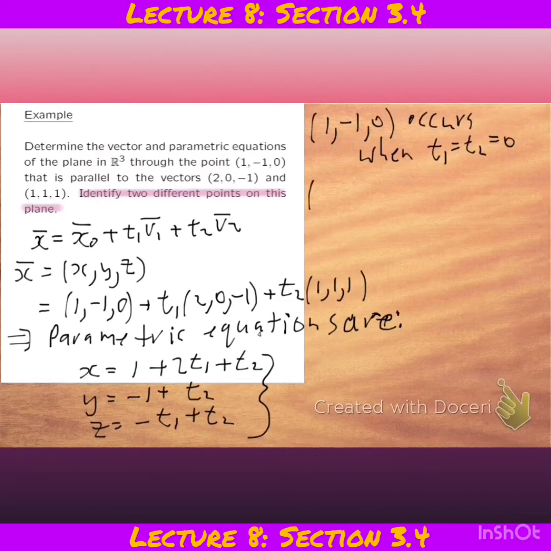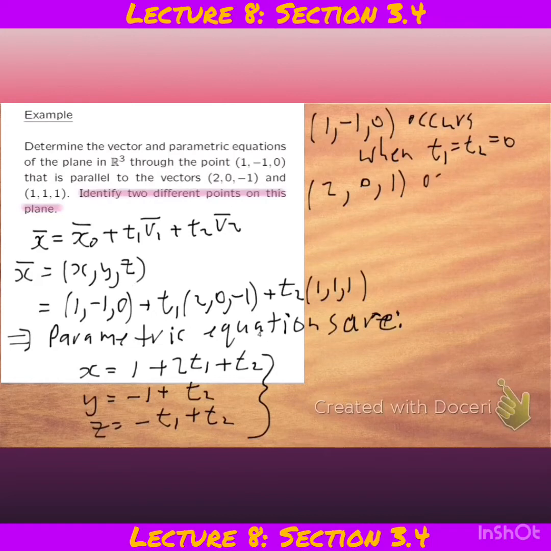And another point on the plane, let's choose this one. We choose T1 to be 0 and T2 to be 1. So that is going to be 2. That's going to be 0. And we chose T1 to be 0 and T2 to be 1, so Z is going to be 1.